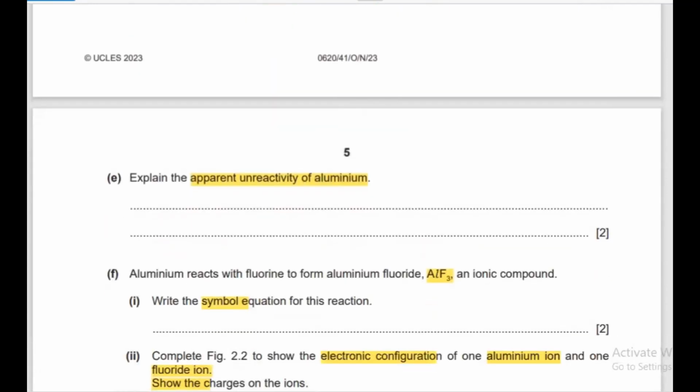Explain the apparent unreactivity of aluminium, as aluminium is a little bit above in the reactivity series.